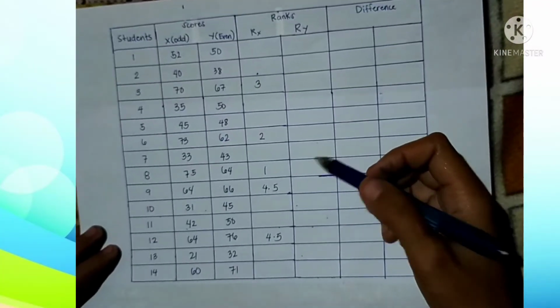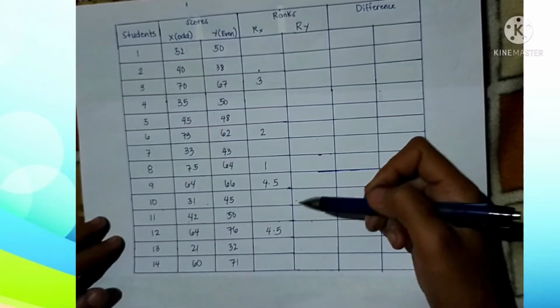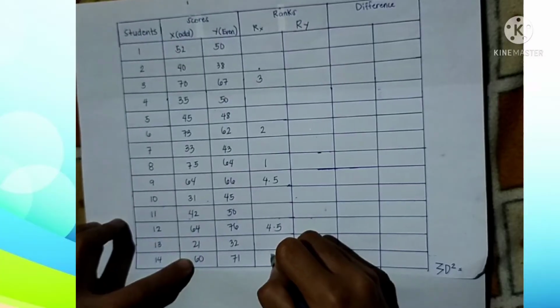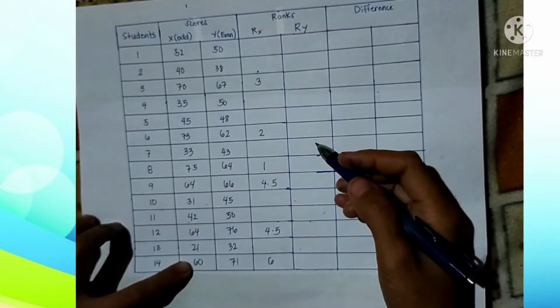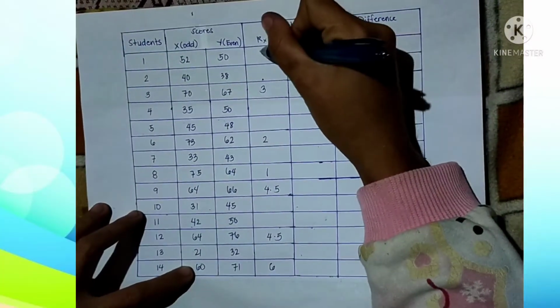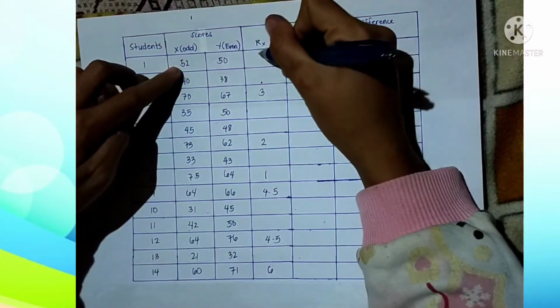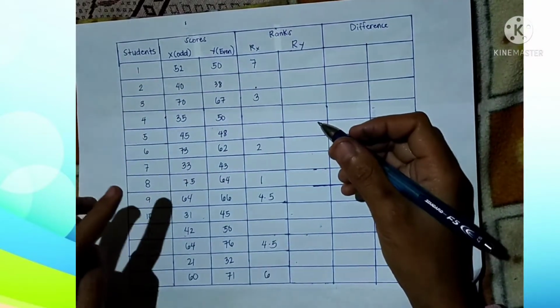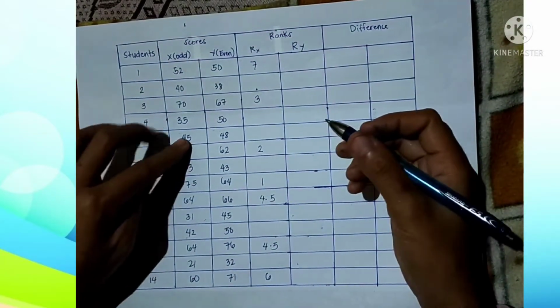Then we're going to find the 6th highest number, which is 60. So we're going to rank 6. Next is 52. We are going to rank 7. Next is 45.